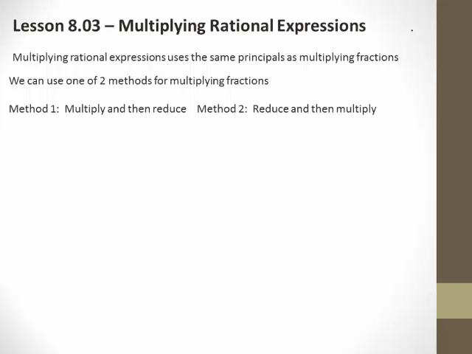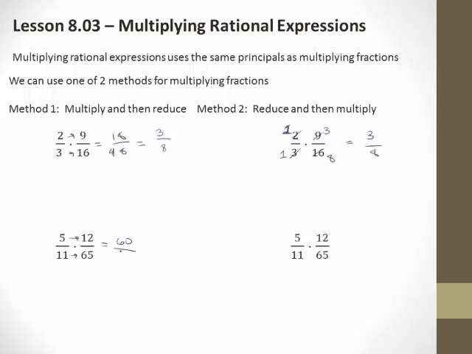Method 1 is we first multiply and then we reduce, and then method 2 is we reduce and then we multiply. So I have the same multiplication, and I'll show both methods.